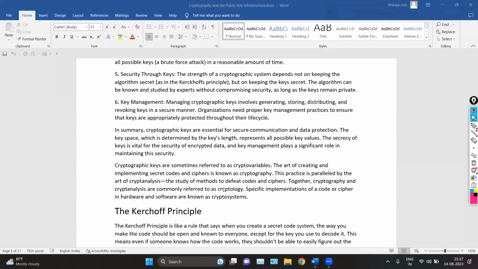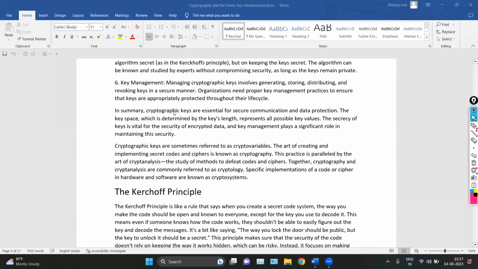We can study how the algorithm works, like how many rounds there are, how many bits are rotating, and so on. But you have to keep your keys private. It is like you can reveal the method, but you cannot reveal the key.